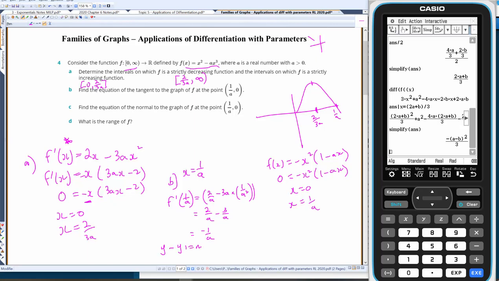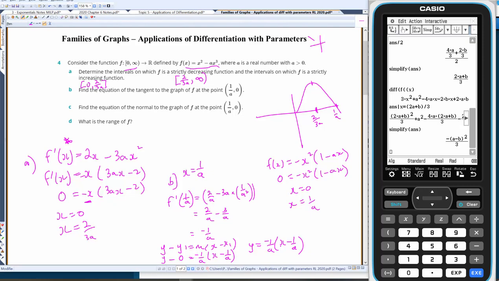Now we're going to write this formula in. y take y1 equals m, x take x1. We're going to use our 2 points. So the y value there is going to be 0 because it's the x-intercept, equals m, that's what we just worked out, negative 1 over A, brackets x take 1 on A. The x value at that point is 1 on A. So that's going to be y equals negative 1 on A, x take 1 on A. We could probably leave it like that.